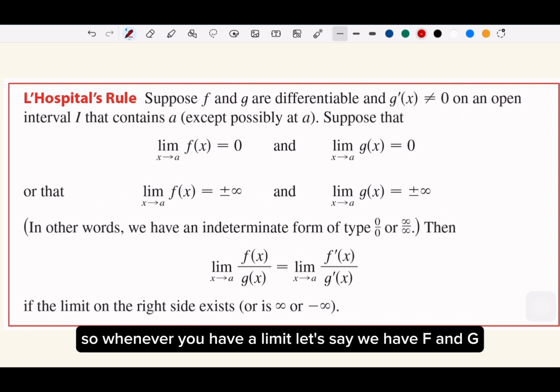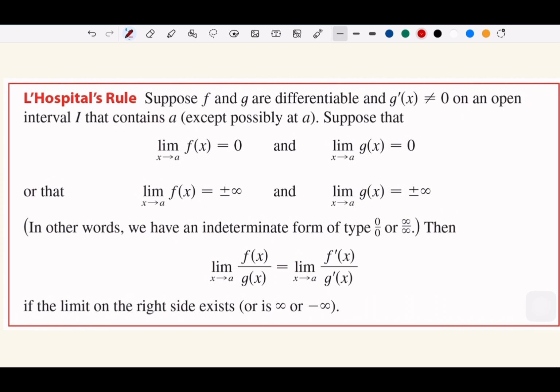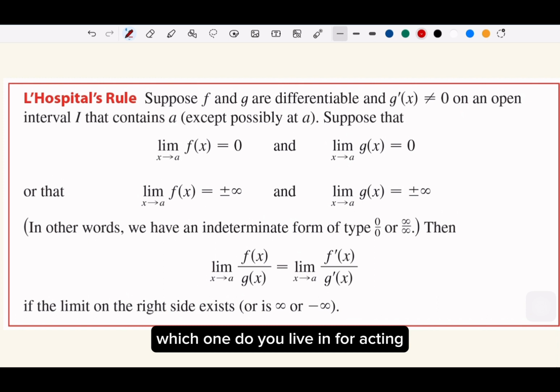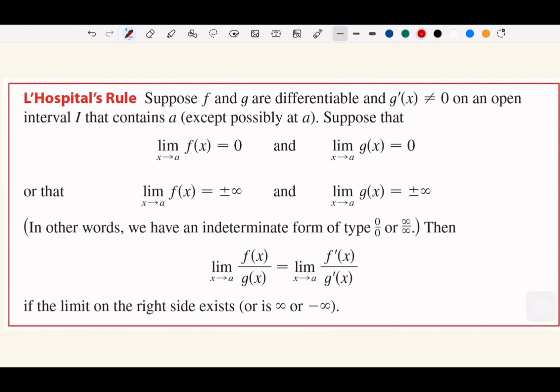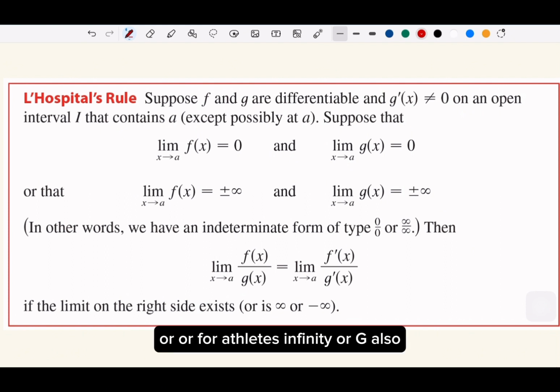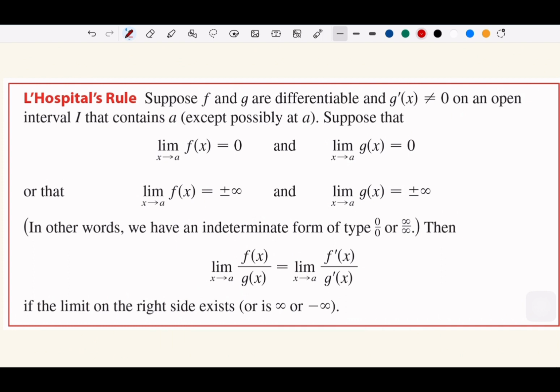So whenever you have a limit, let's say we have f and g. We put the limit. For f it's 0, for g also 0. Or for f it's infinity, for g also it will be infinity.